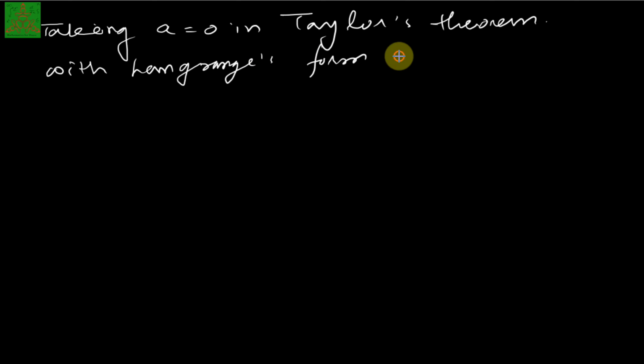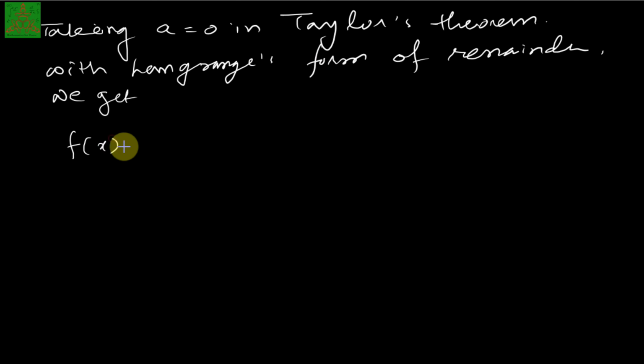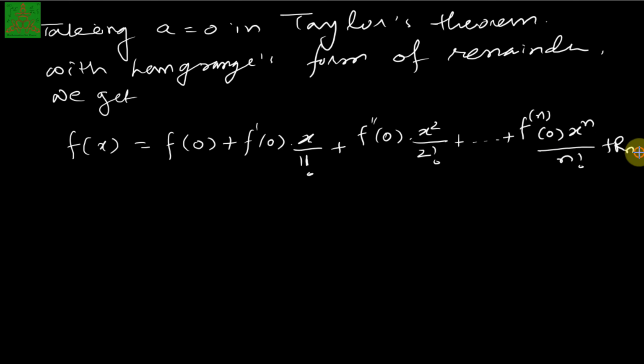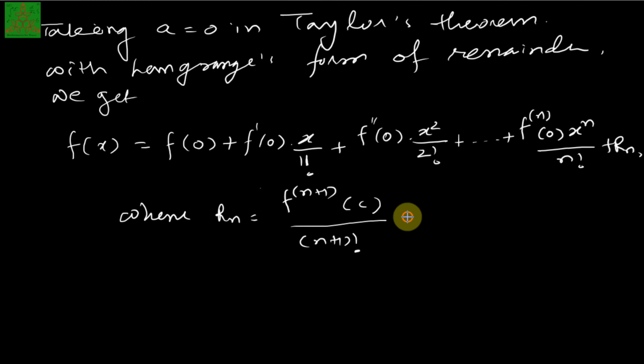Lagrange's form of remainder. We get f of x equal to f of 0 plus f dash of 0 into x upon 1 factorial plus f double dash of 0 into x square upon 2 factorial and so on, up to f nth derivative at 0 into x raised to n upon n factorial plus Rn, where this Rn gives you the f (n plus 1)th derivative at some point c upon n plus 1 factorial into x power n plus 1, for some c which is between 0 and x.